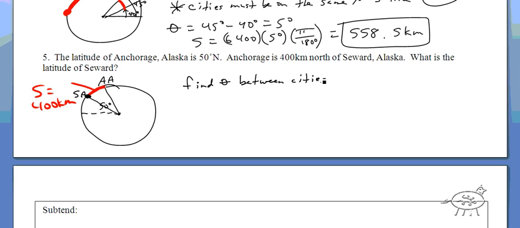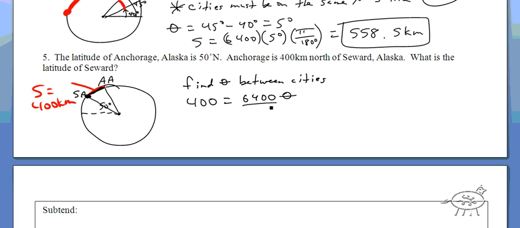If I find theta between the cities, then I'm kind of good to go here. So S, we know it's 400, equals R, that's given, right? That's 6,400, times theta. And remember, that's going to give us that red mark I just marked here. That's going to give us theta between the cities.